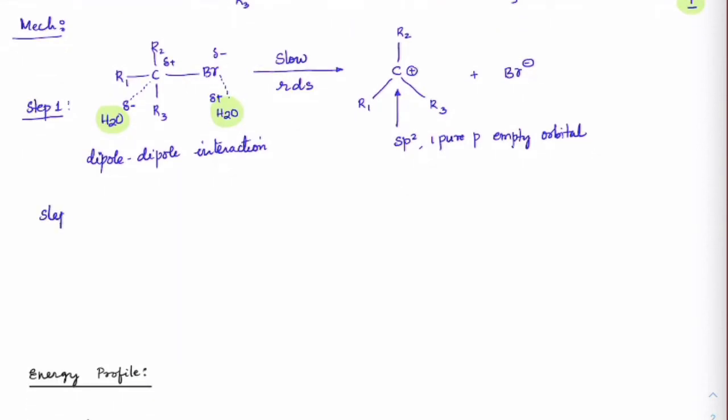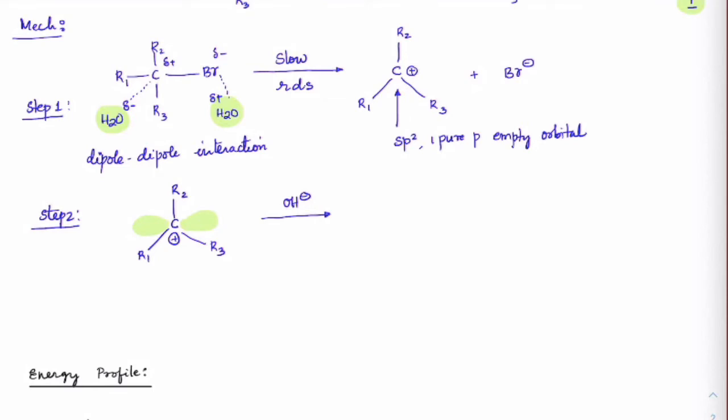Second, step 2, the so formed carbocation here, R2, R1, R3 with positive charge, would have, like I said, an empty orbital on which OH minus, which is a nucleophile, attacks. You might say, sir, water can also attack. Yes, depending upon whose nucleophilicity is high.